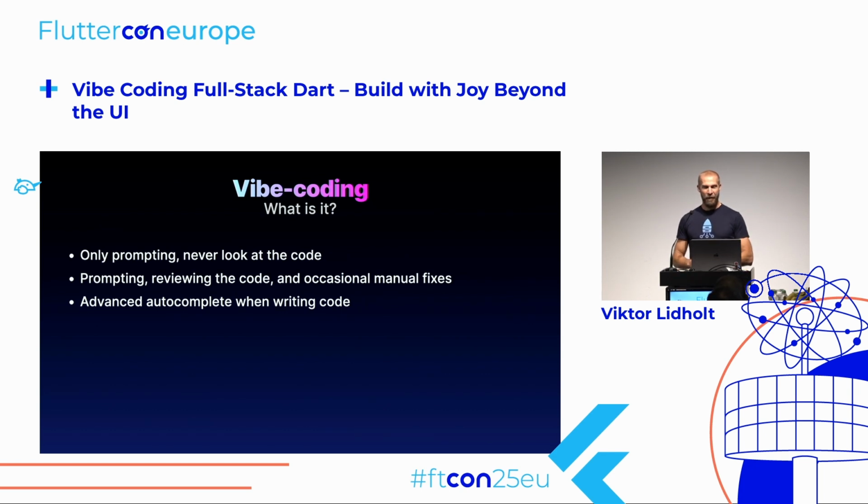We can look at the code. And some will talk about just using the autocomplete in something like Cursor as vibe coding. But I'm going to look more into the prompting, having a look at the code. Although in this talk, thinking of it, I don't show any code. So maybe it's the first lecture you have today where you don't have to look at code.